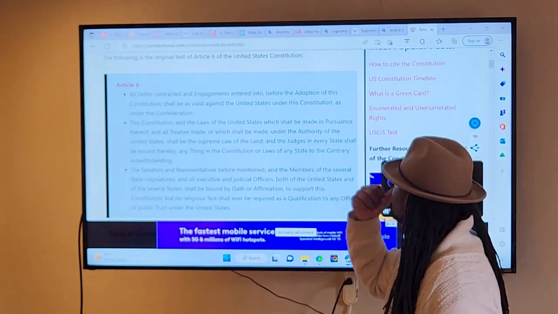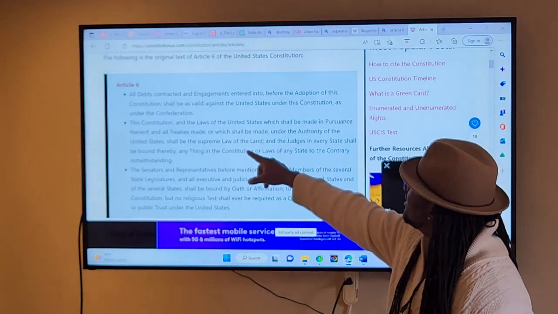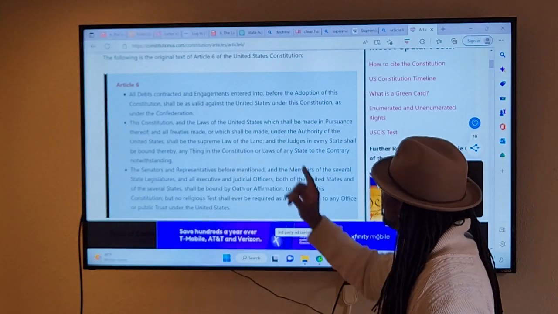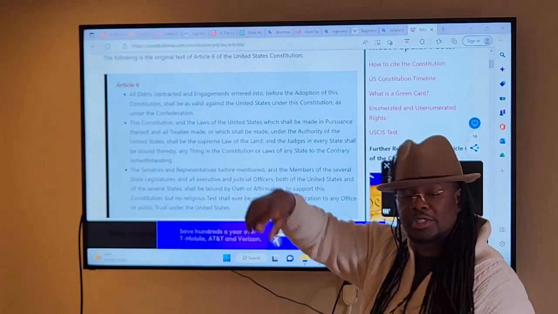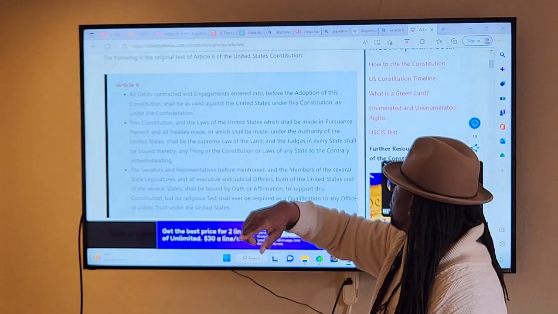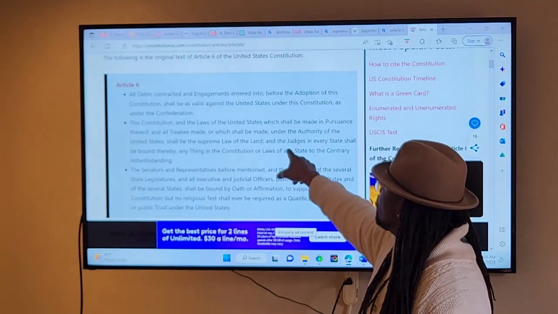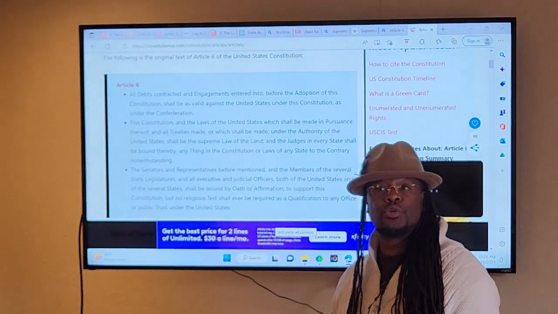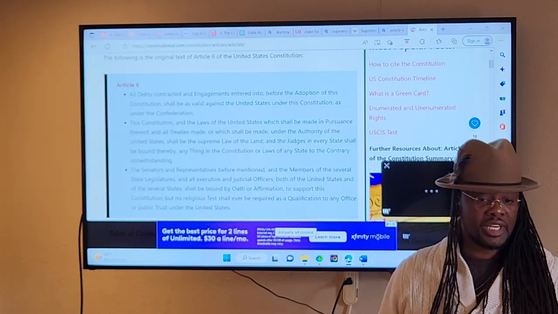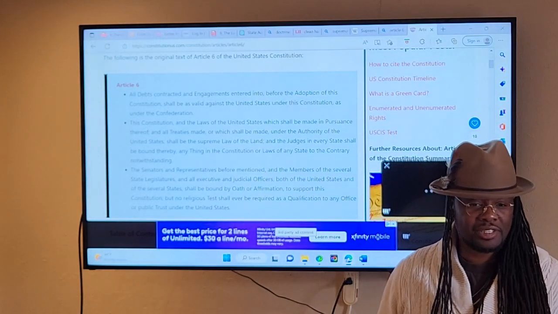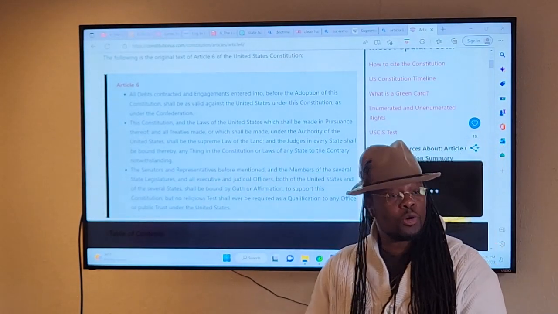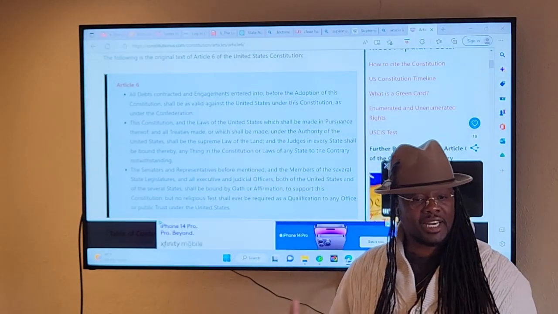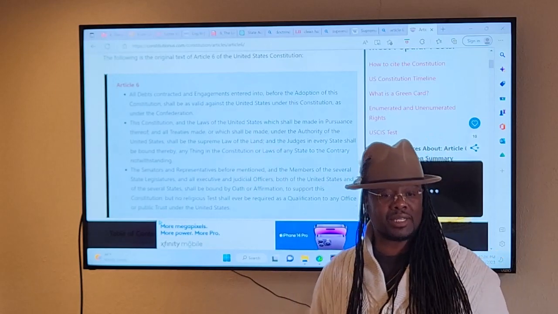So this Constitution and the laws of the United States which shall be made in pursuance thereof, and all treaties made, which we know 1787 was a predecessor, or which shall be made, are all the accession documents that the United States had to accede to be a member of the United Nations. So all those: the Organization of American States, United Nations, all those international bodies.